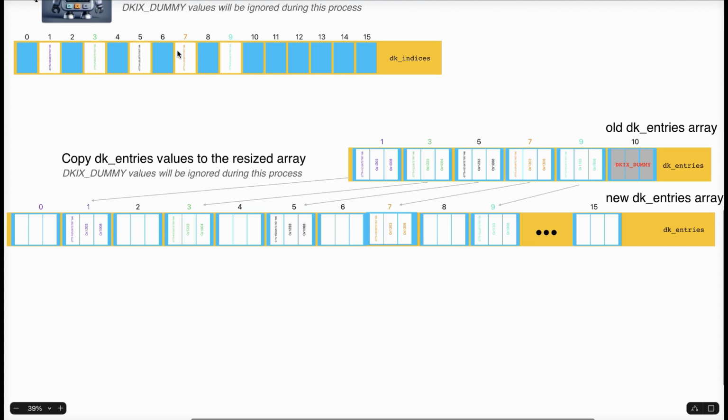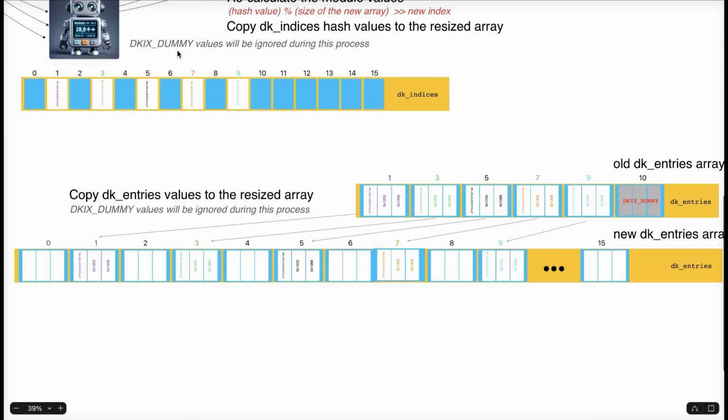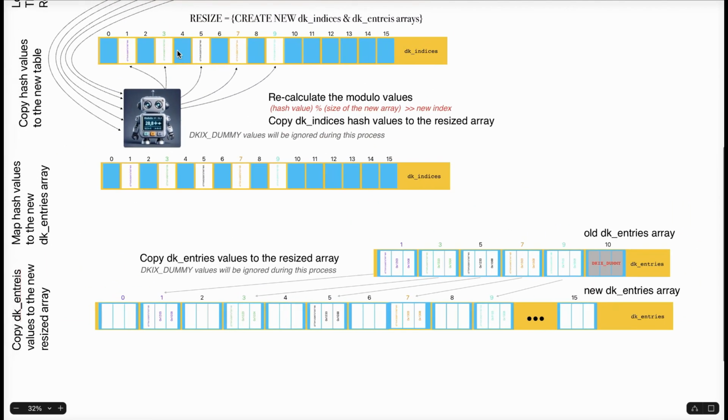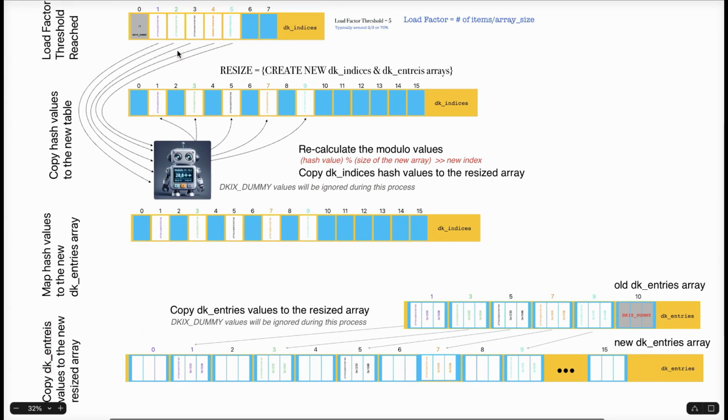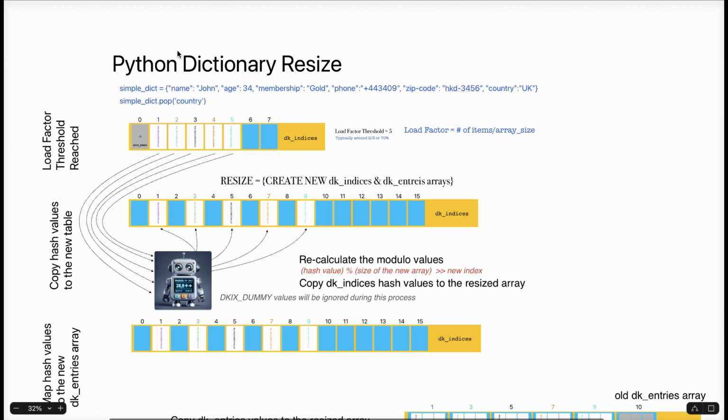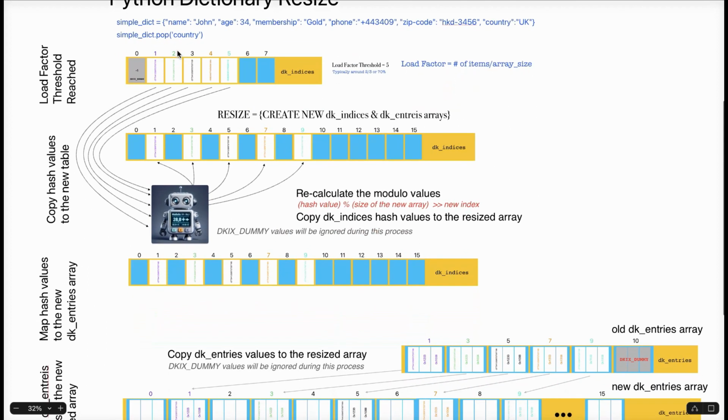We have covered how resizing happens, but we talked about load factor, which is to determine whether to create new hash tables, and it's usually 2/3 or 70% of the indices that must be occupied before we do table resizing. While resizing, we ignore indices that hold dummy values.